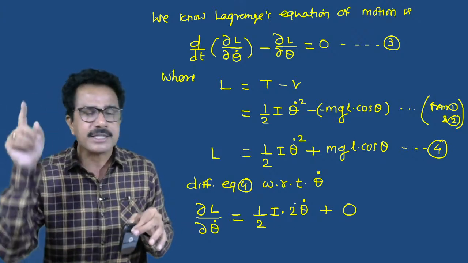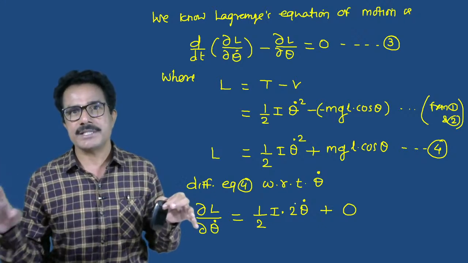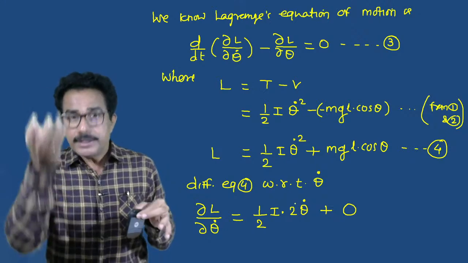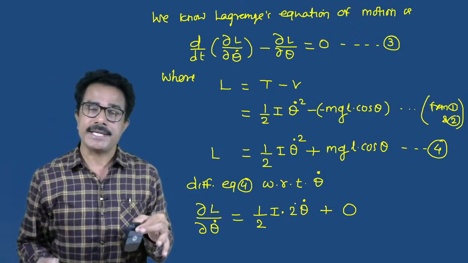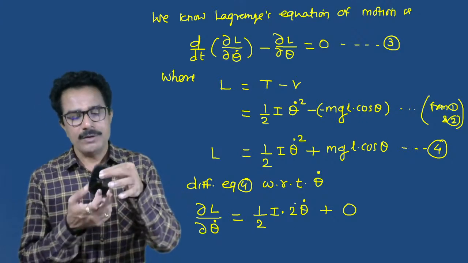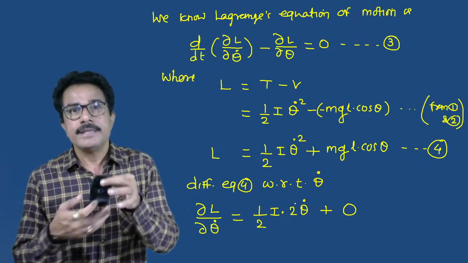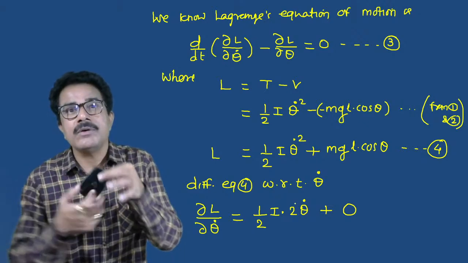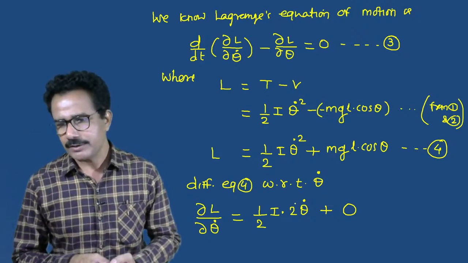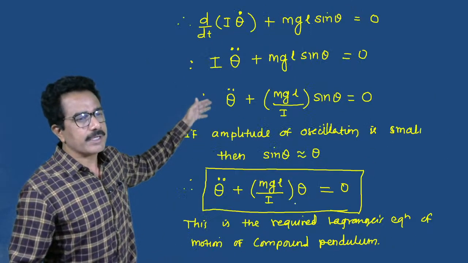The remaining terms are constants: L is a constant, mass is a constant, g, the gravitational acceleration, is a constant, and the moment of inertia is also constant. Only theta is a variable, the motion depends on theta. So theta is a generalized coordinate here, and thus we can obtain Lagrange's equation of motion.